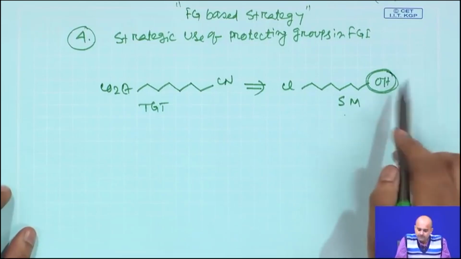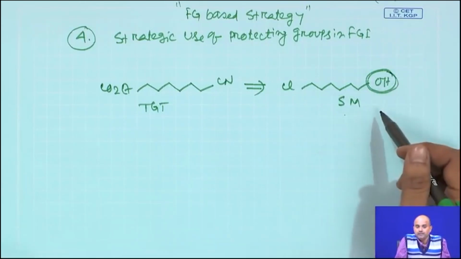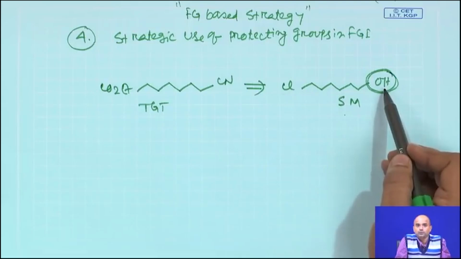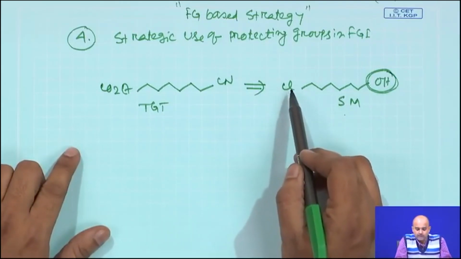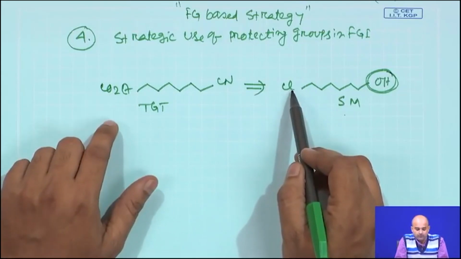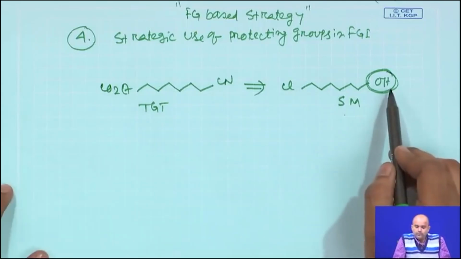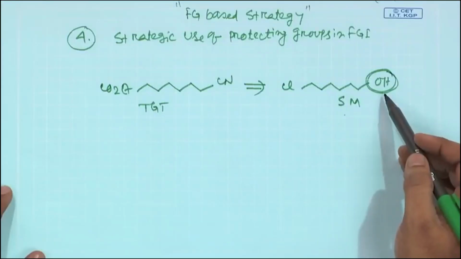Free OH has an acidic hydrogen, so you cannot use base or some other reagents. For example, you cannot generate a Grignard species from a free hydroxy group. I want to introduce a Grignard here, which can be quenched with carbon dioxide to give the corresponding carboxylic acid. But if you have a free OH, you cannot generate a Grignard, because the Grignard will be immediately quenched by this alcoholic acidic hydrogen.